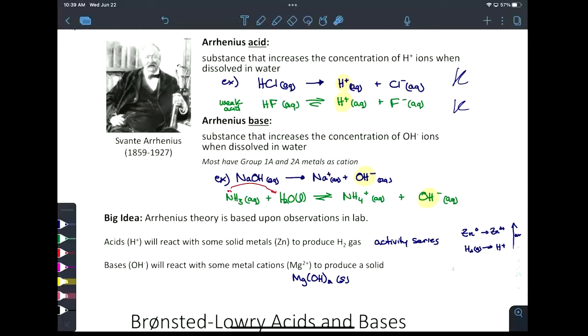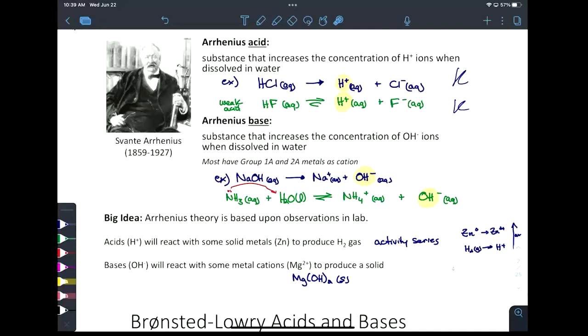I should have kept it. So if you have a substance that's acidic and it makes bubbles with zinc metal, that is saying, hey, there's H plus present, that substance is an acid. So all of these categories were based upon observations.